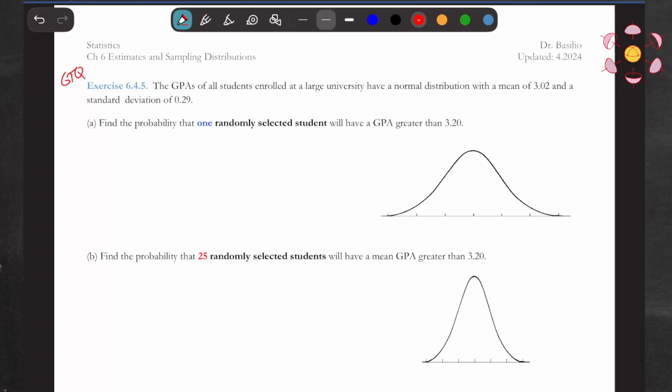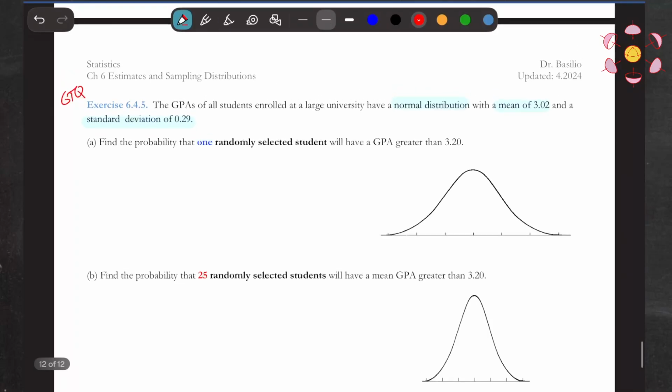It says the GPAs of all students enrolled at a large university have a normal distribution. So all of the GPAs of students have a normal distribution with a mean of 3.02 and a standard deviation of 0.29.